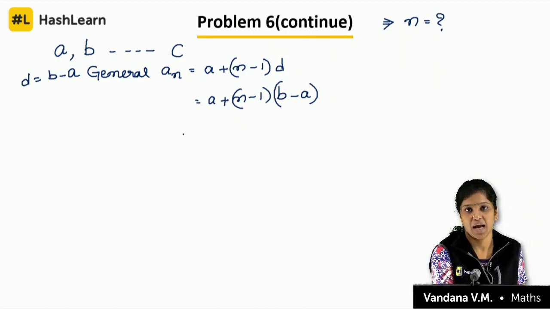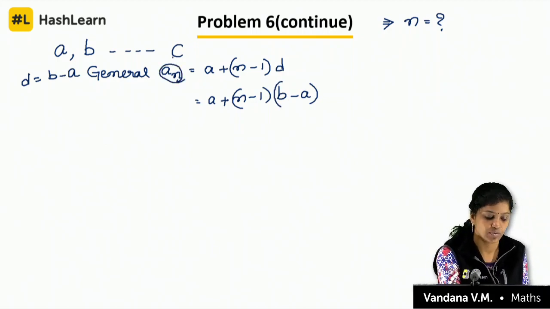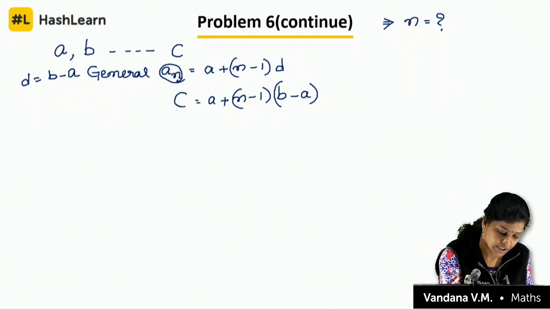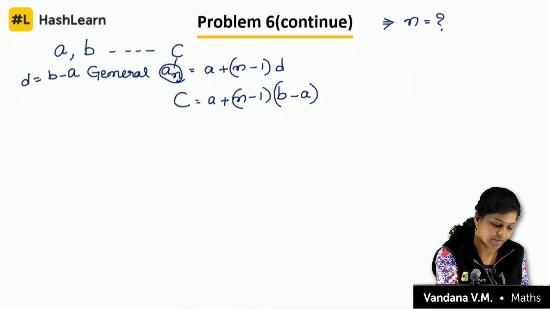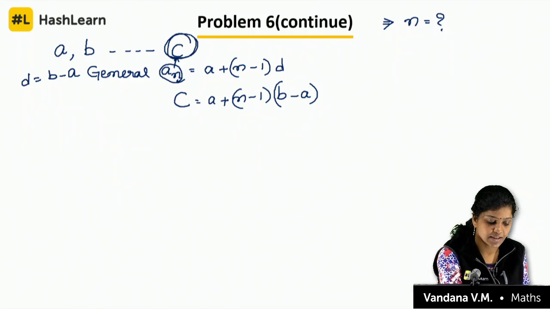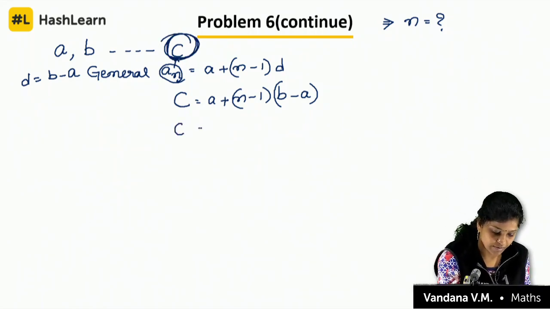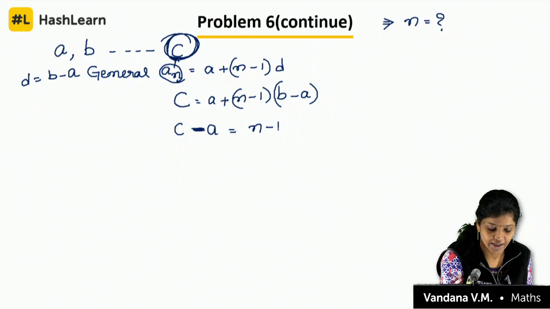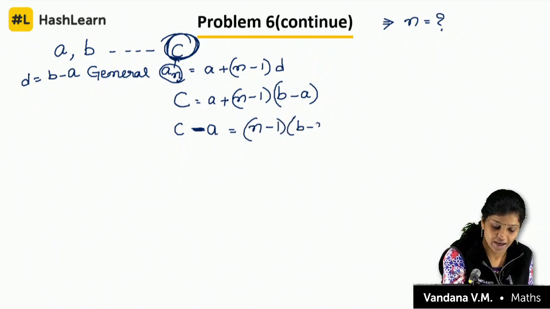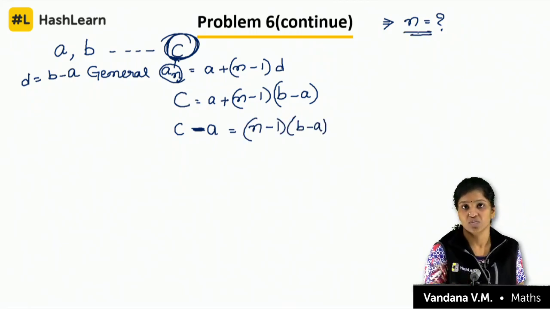But I know the last term, the an value, the last term value is C. They only gave it, right? They are telling that this is your last term. Now, C minus A is equal to n minus 1 into B minus A. Actually, my intention is to find out n.